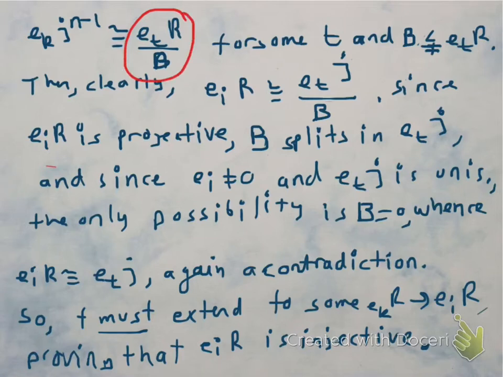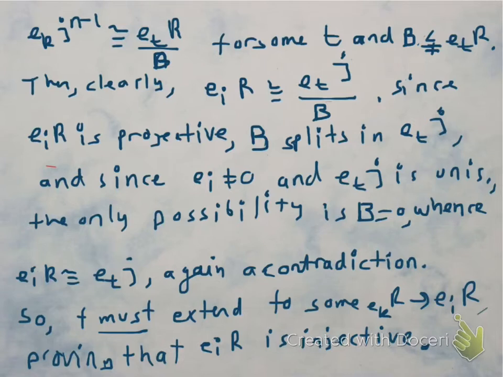This is because any uniserial module is some homomorphic image of one of the principal indecomposables. So we are assuming that our module EKJ to the n minus 1 is isomorphic to the factor of some principal indecomposable, say ETR, with respect to some submodule, say B.